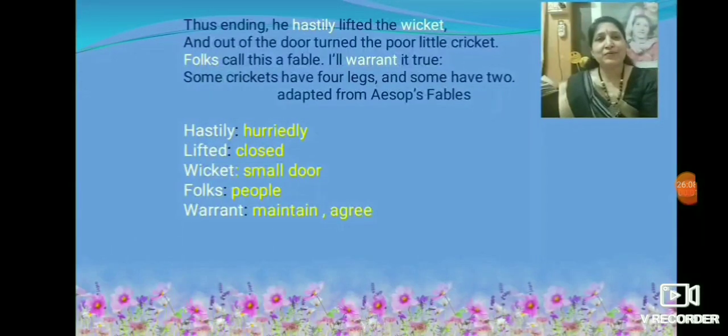Dear students, from this poem, what do you learn, what moral do you get, what do you want to become, ant or cricket? I think obviously you want to become an ant. Why? Because you see the condition of the cricket, what happened at the end. He has to die because the ant said already that ant never borrows and never lends.